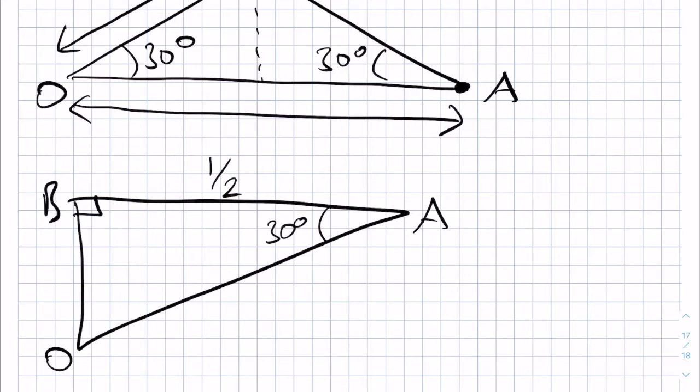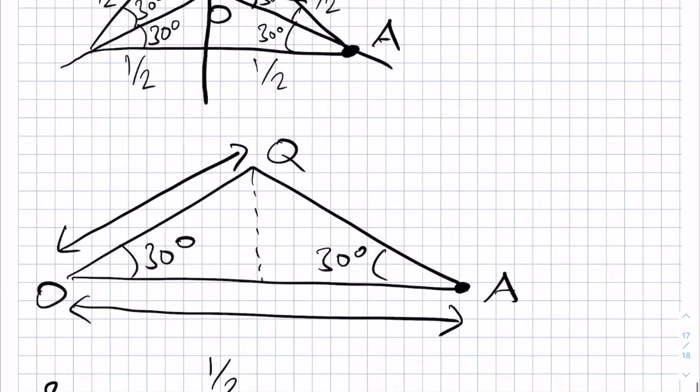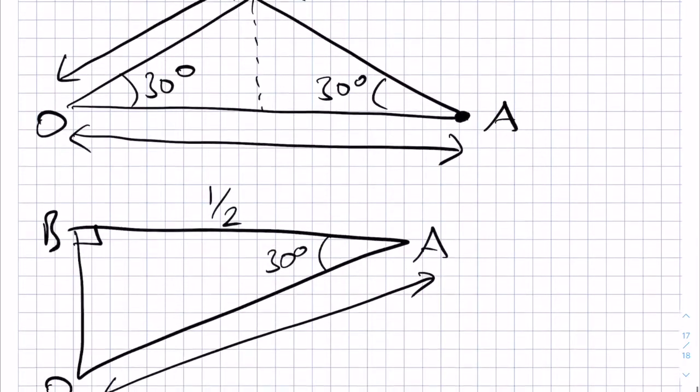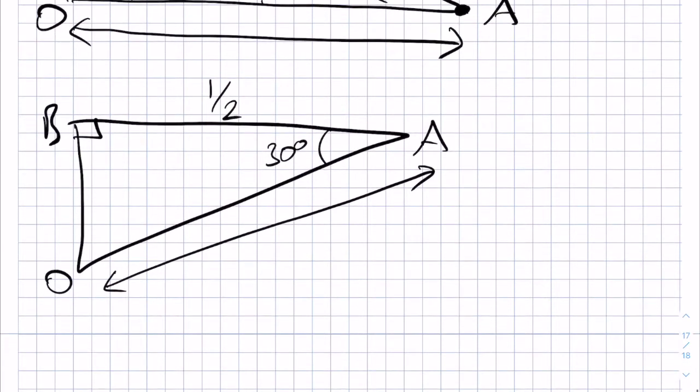We're looking for the length O to A so that we can use it in our above diagram, and by some right-angled triangle trigonometry, if we call this x, then x is such that 1/2 is equal to x cos 30, because this side here is the adjacent to this angle 30 degrees, and x is the hypotenuse.